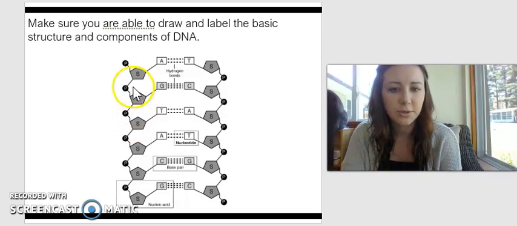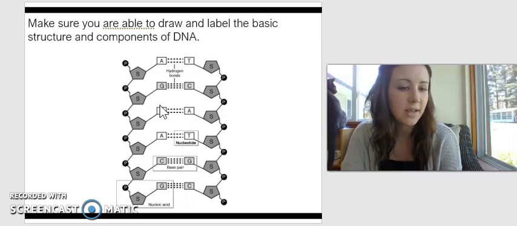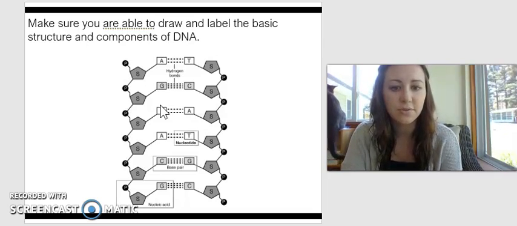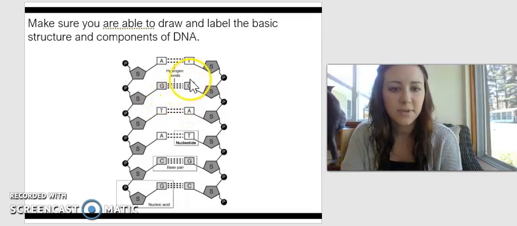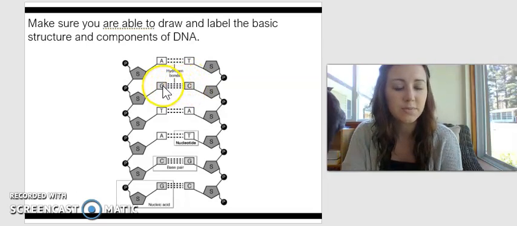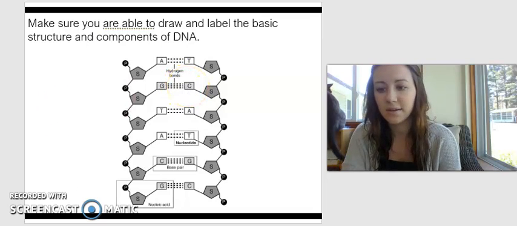You have the phosphate sugar backbone here, and then maybe I would block this part out here, and you would have to tell me that that's thymine, and you would know that because you know that adenine always pairs with thymine. So if there's a blank here, you would know that would have to be a T. Same thing up here. If I'd block this one out, you would know that cytosine always pairs with guanine, so you know that there would have to be a C there.